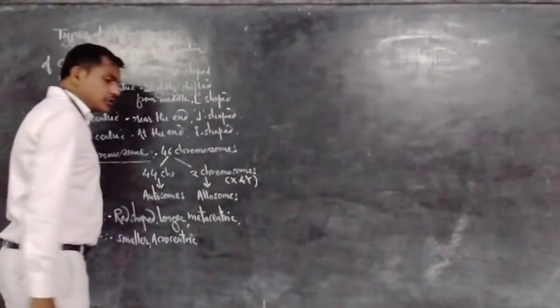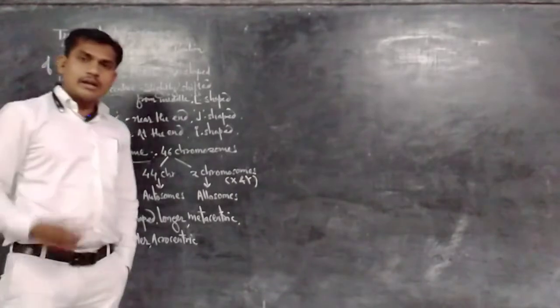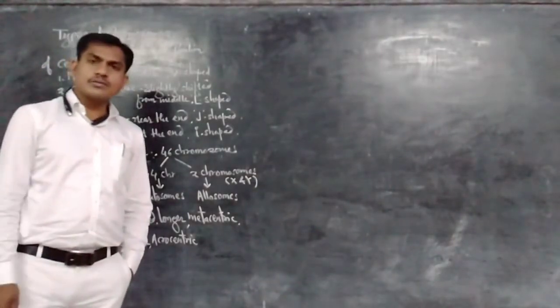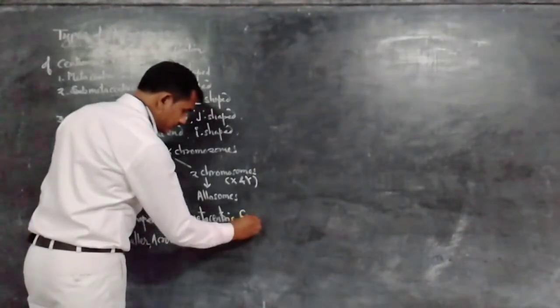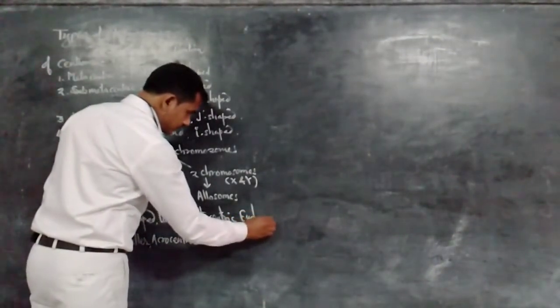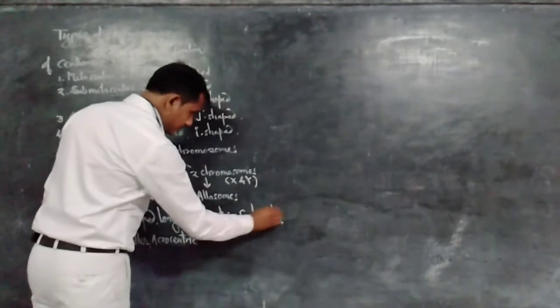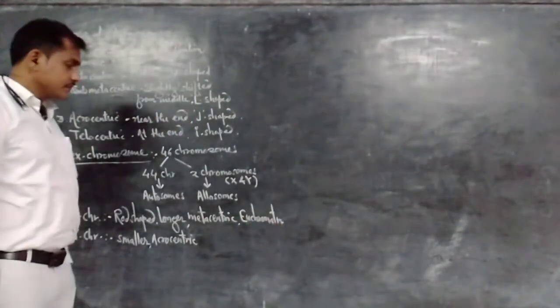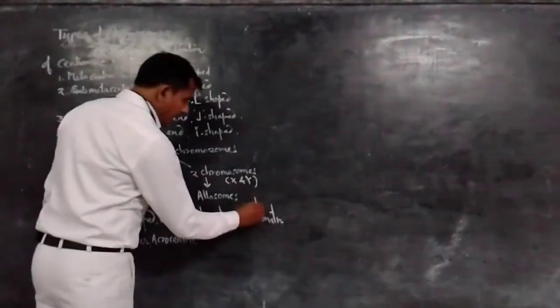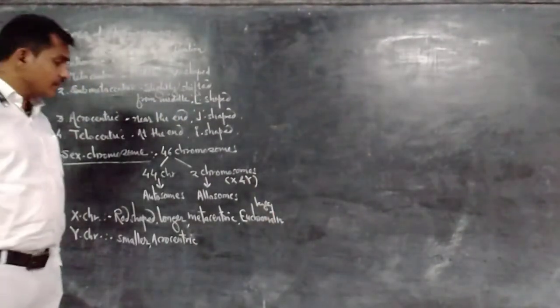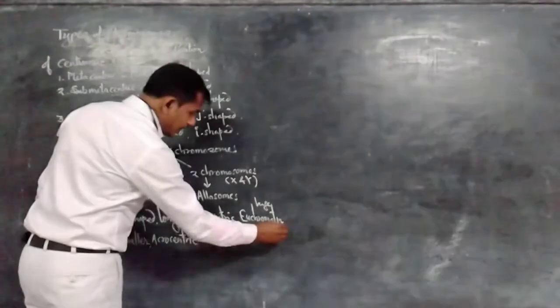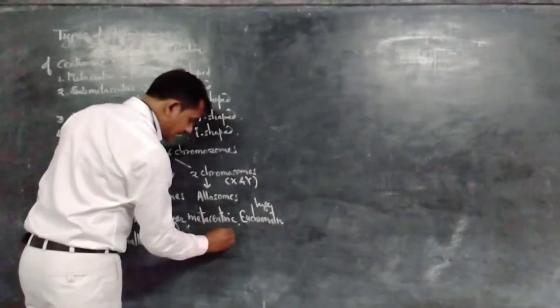Here, the X chromosome shows a larger extended region. This is called the euchromatin. Large euchromatin, large extended region, and small heterochromatin, condensed region.